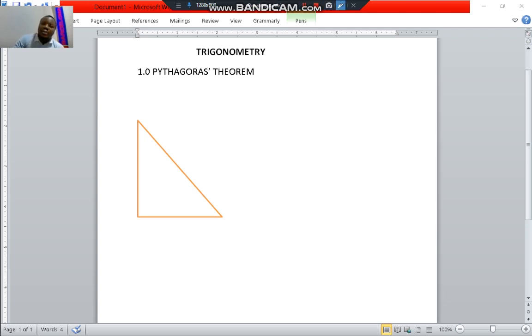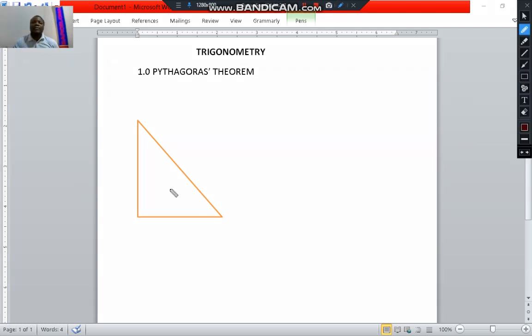Let's now look at this in a more mathematical manner. We know this is a right angle triangle. Let's call the sides C, A and B. This man said, if I square C, like we looked at in my explanation earlier on, it would always be the same as A squared plus B squared.